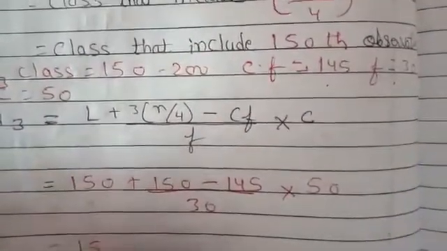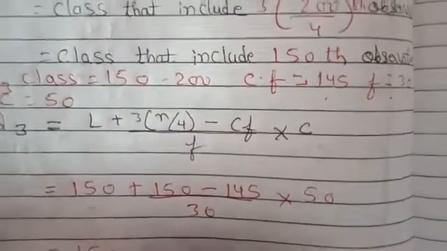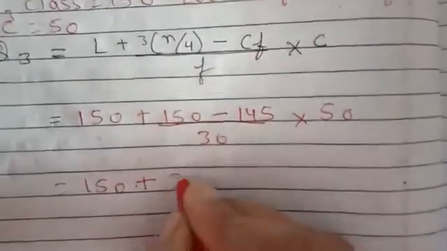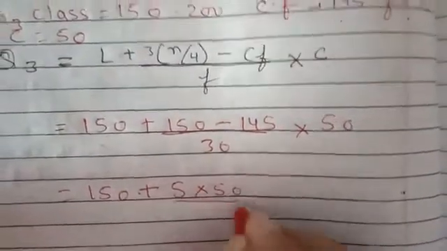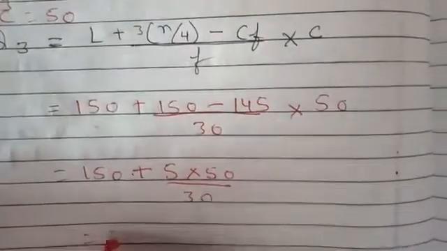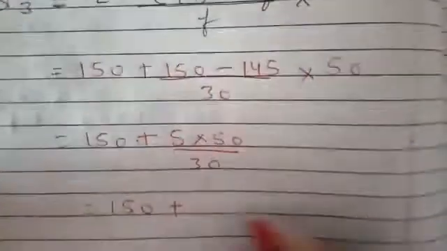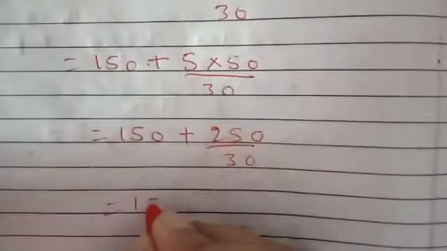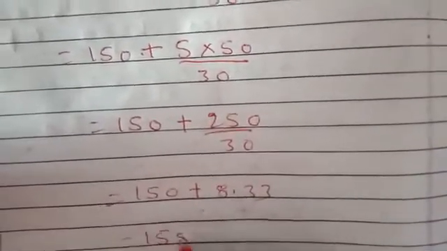So 150 plus 5 multiplied by 50 upon 30. So 150 plus 250 divided by 30. When you divide 250 by 30, you will get your answer as 8.33. That is equal to 158.33. That is your Q3.